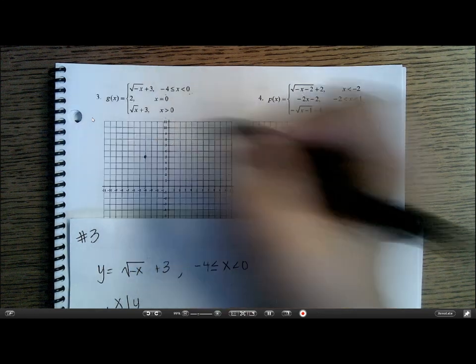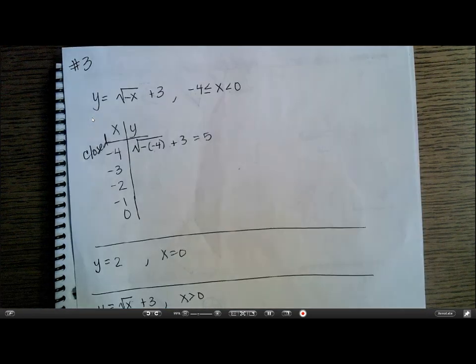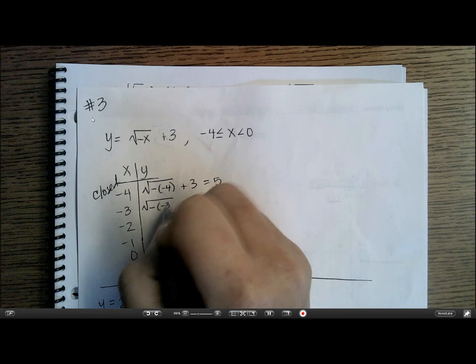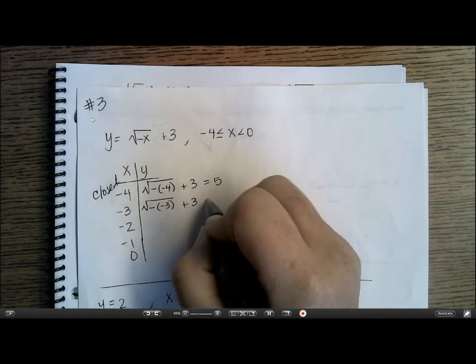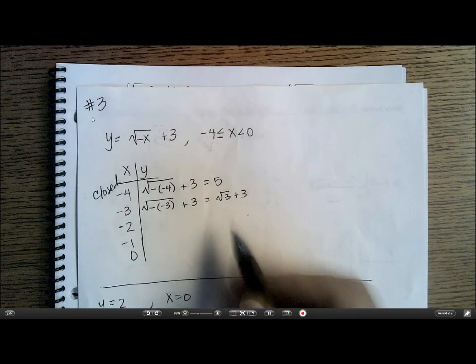and it's closed. Knowing that this is a radical, it's going to have some sort of a curve. So now I'm just going to continue to do my algebra. The problem with this is that I've got the square root of 3 plus 3, so it's not a nice pretty number.